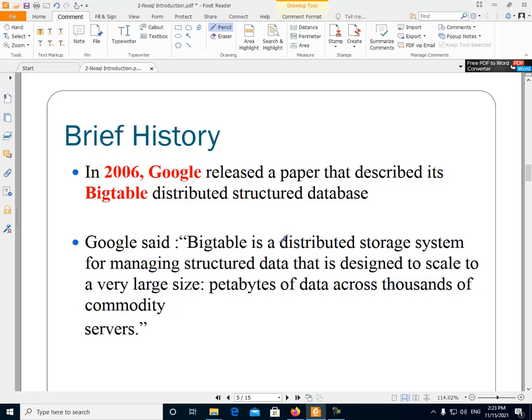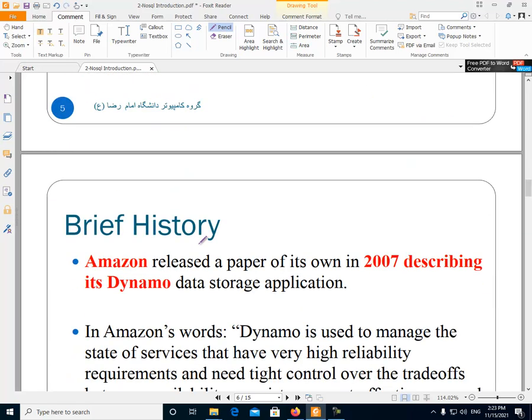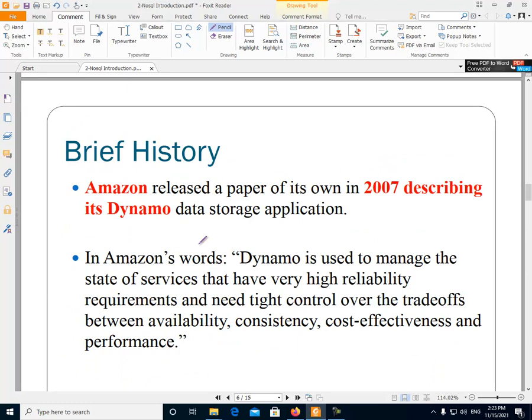The second NoSQL database was released by Amazon in 2007, and the name of this database was Dynamo. Bigtable and Dynamo are two NoSQL databases which were introduced about 15 years ago.